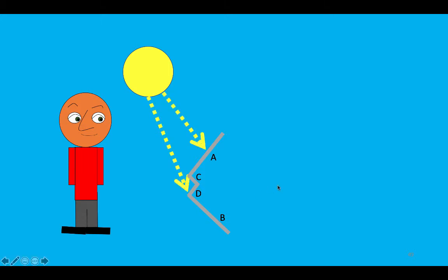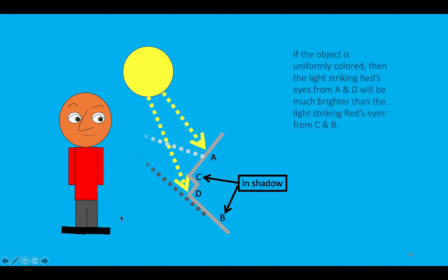Now the light is striking surfaces A and D directly, but it's not striking surfaces B or C directly. Indirect sunlight is illuminating them. The light is bouncing off, say, the ground first or other objects first, before maybe off of D before hitting C. So C and B, we can say, are in shadow. They're in the shadow of A and D, respectively.